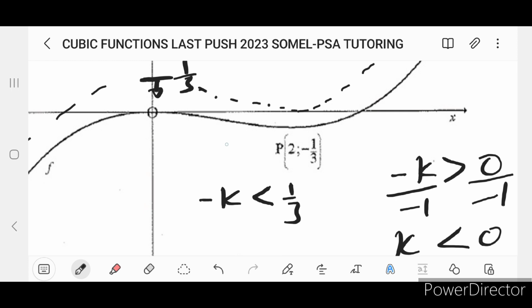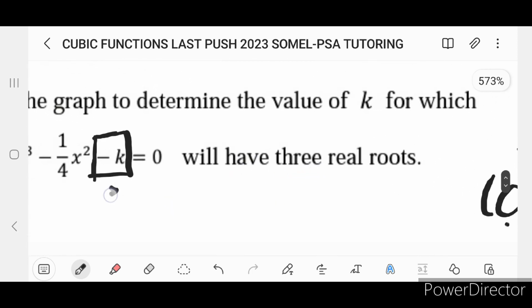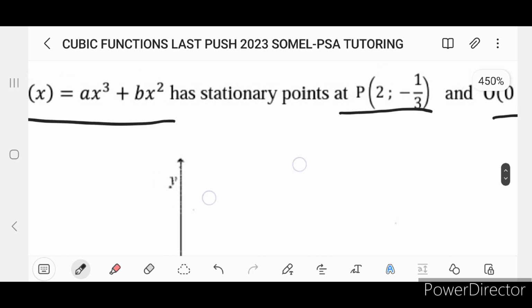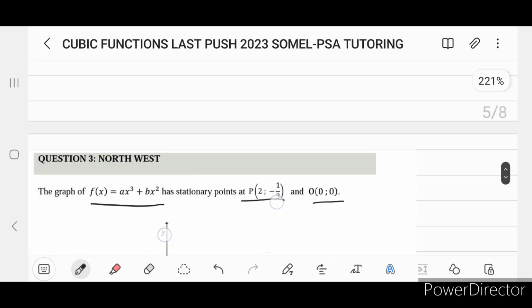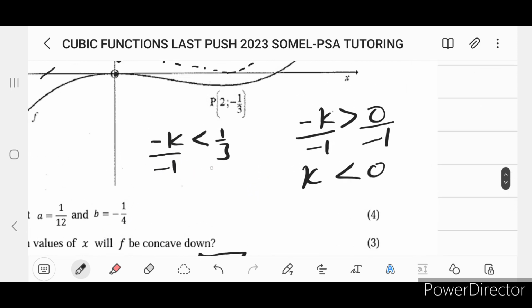It must first be greater than 0, the minus k, which is the y-intercept that I circled. This guy must be greater than 0, but the same guy must be less than 1 over 3 against the new thingy. Therefore, okay, must be less than that. So divide by negative, so k will be greater than negative 1 over 3, because I divide by negative on both sides.